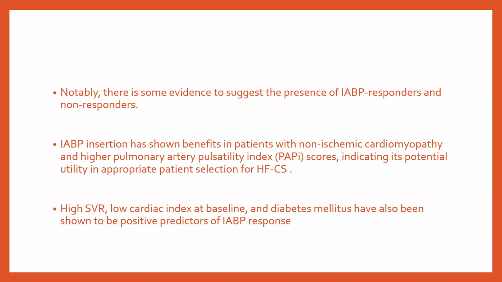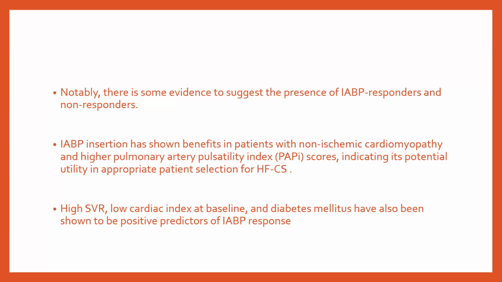Notably, there is some evidence to suggest the presence of IABP responders and non-responders. IABP insertion has shown benefit in patients with non-ischemic cardiomyopathy and a higher pulmonary artery pulsatility index score, indicating potential utility in appropriate patient selection for heart failure related cardiogenic shock.